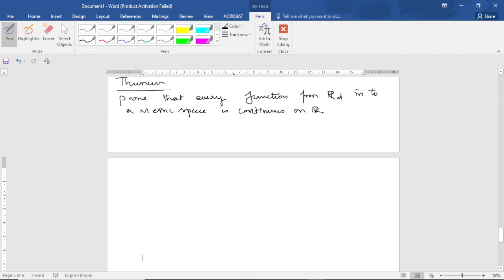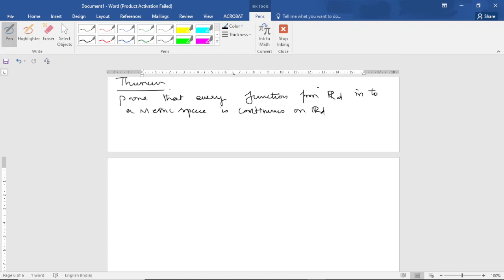So you have to prove that any function you take is continuous on the entire RD. We are going to take one general element of RD and prove that the function is continuous there, then it is automatically continuous for every element of RD. Therefore, we can say that any function defined on RD is continuous.